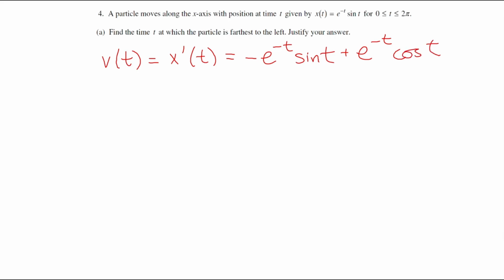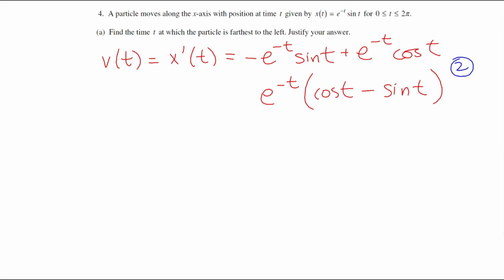And of course, it might be nice to factor out the e to the negative t from both of those, leaving you with a positive cosine t minus a sine of t. And so they actually gave you 2 points just for correctly getting that derivative. And then we want to know when this velocity is equal to 0.